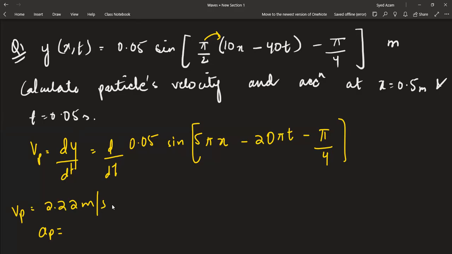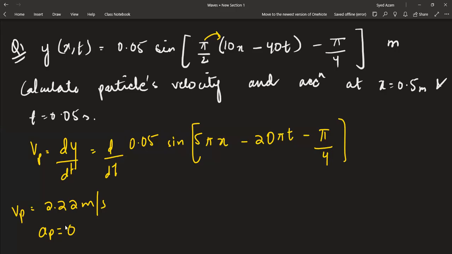The particle's velocity is this. Differentiate 2.22, what will you get? Yes, Ali.